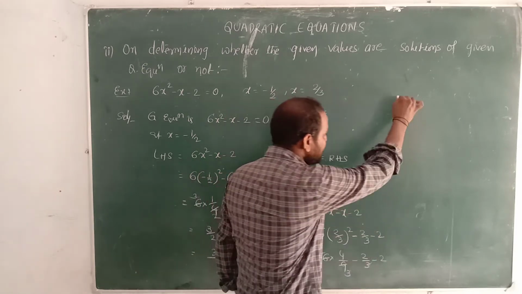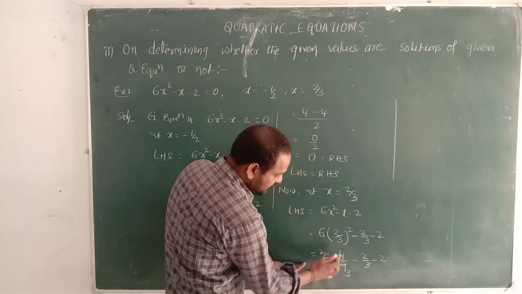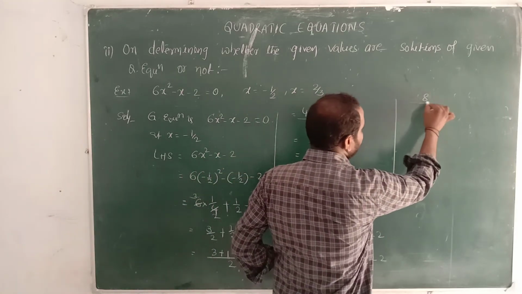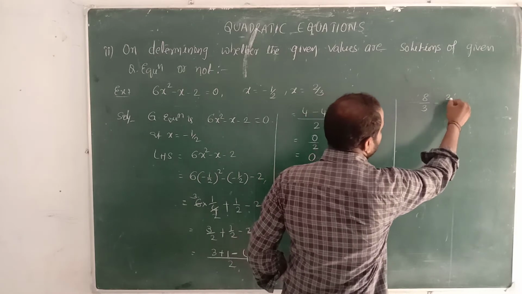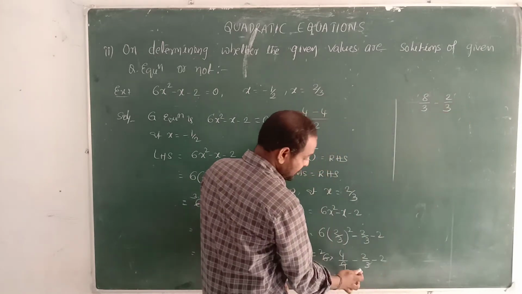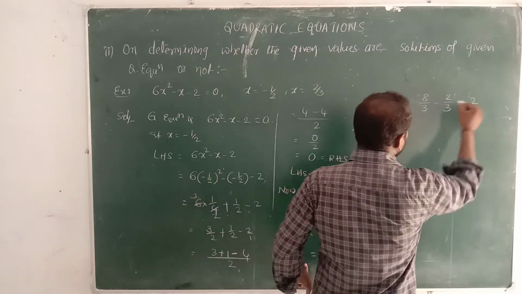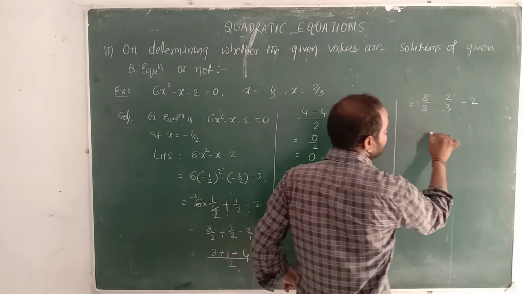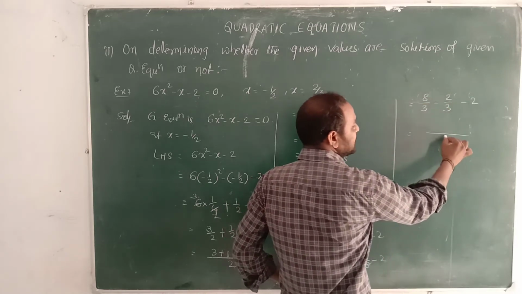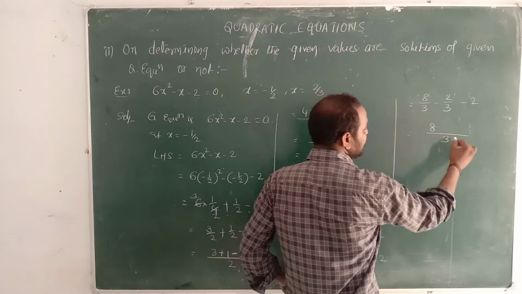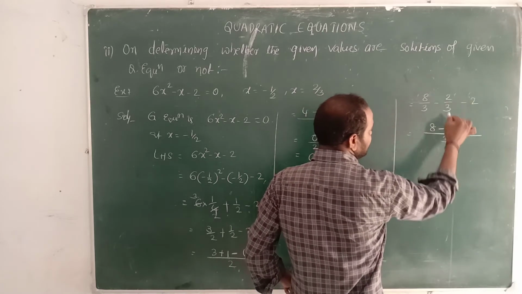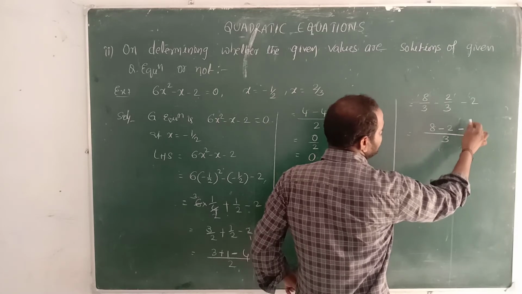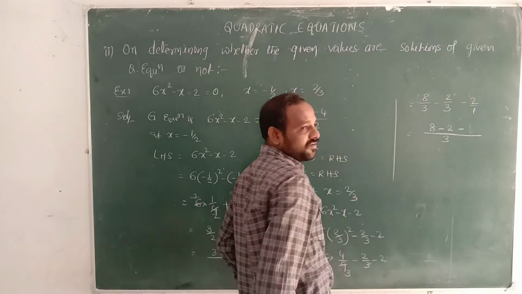So what are the remaining here? 2 4s are 8 by 3, minus 2 by 3 minus 2. Okay. Now here the LCM for this is 3. So what are the remaining here? We will get numerators 8 minus 2 minus, here the denominator is 1.